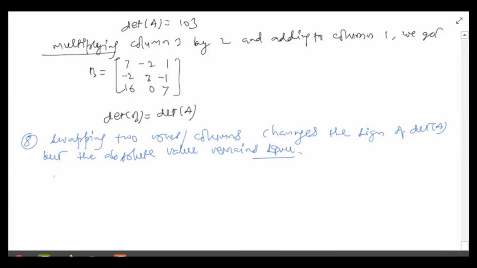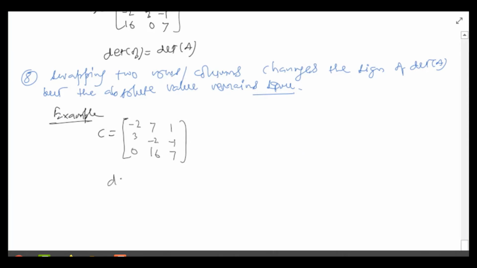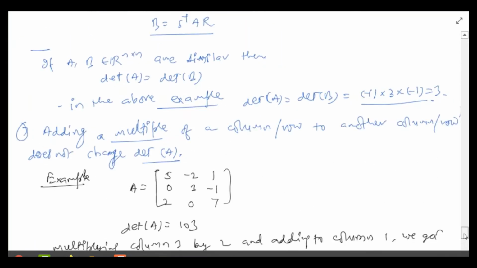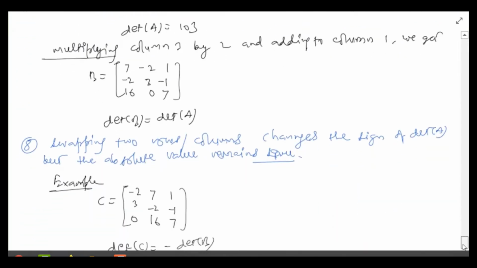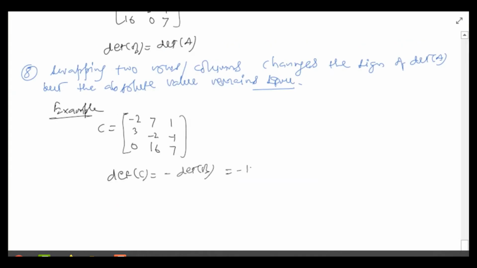For instance, if we swap the first and second columns of B to get the following matrix C, then determinant of C would be minus of determinant of B, which let us recall was 103. So this will be minus 103.